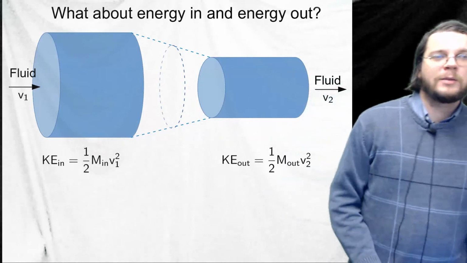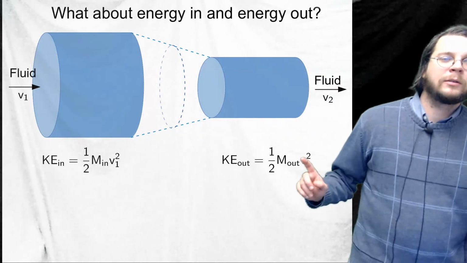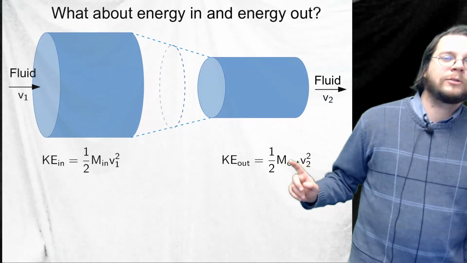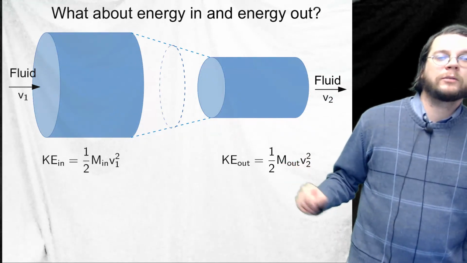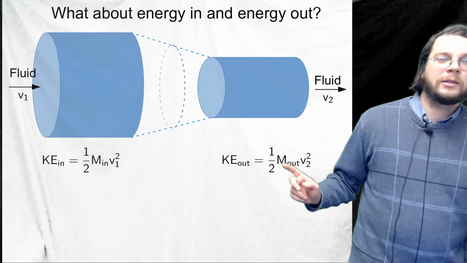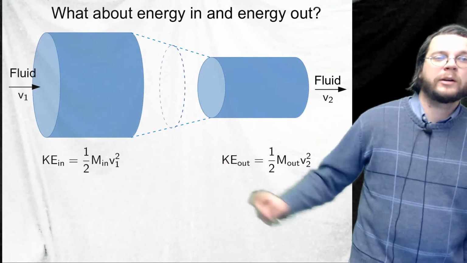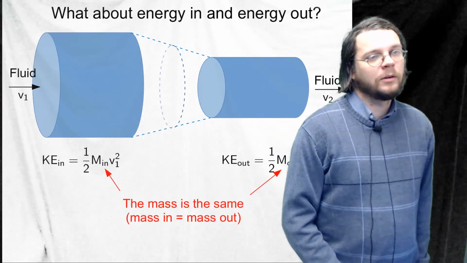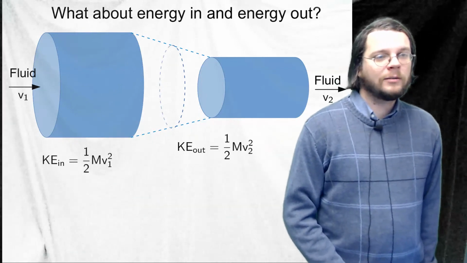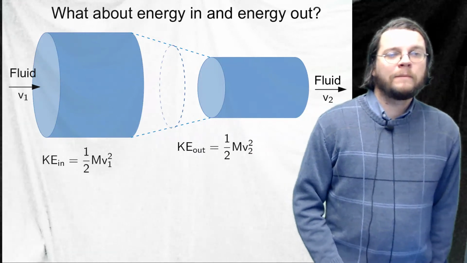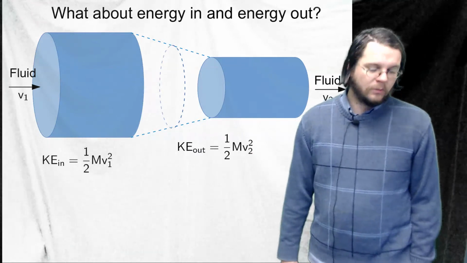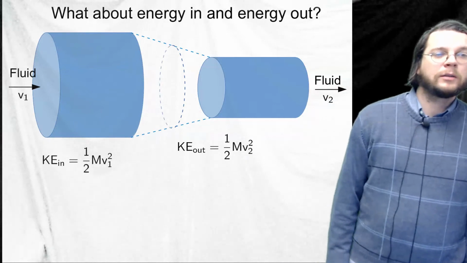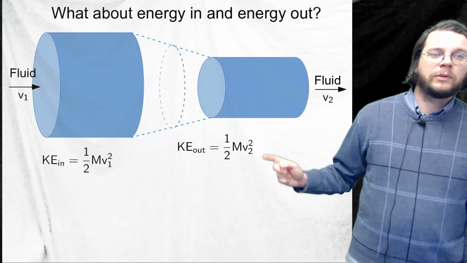And then you could ask the same thing, how much kinetic energy leaves in 1 second over here. So you know there's a certain amount of mass that leaves in that second. It's got to be the same as over there. But it's leaving with a different velocity than it is on the left. So you know the masses are the same. But if it's water, we know what this V2 is going to be.